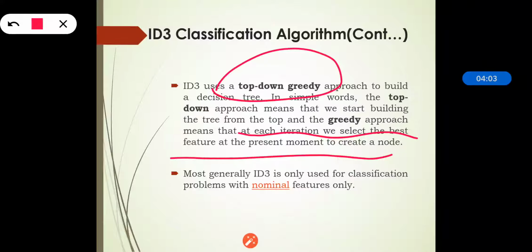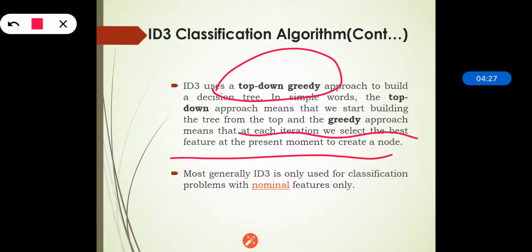Actually, this is the combination of two approaches, the top-down approach and the greedy approach. Top-down means we are building the tree from top to bottom, from root node to leaf node, and greedy means at each iteration we select the best feature at the present moment so that we can create the node.